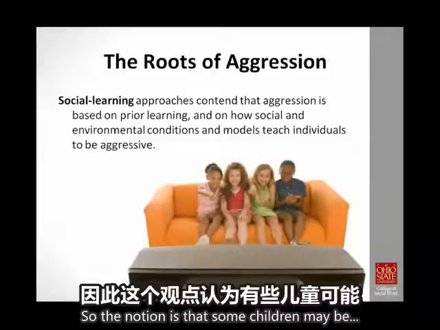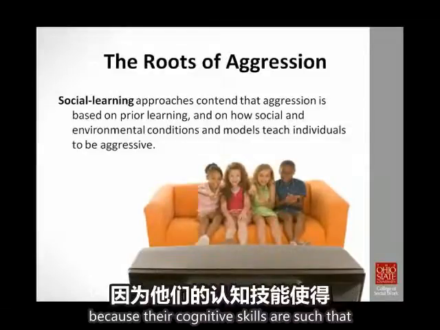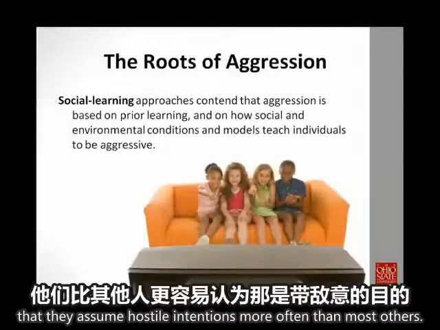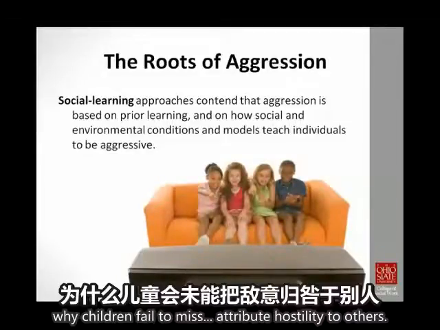So the notion is that some children may have a difficulty with being more aggressive because their cognitive skills are such that they misinterpret the behavior of others in such a way that they assume hostile intentions more often than most others. Of course, this approach does not explain why children fail to attribute hostility to others.